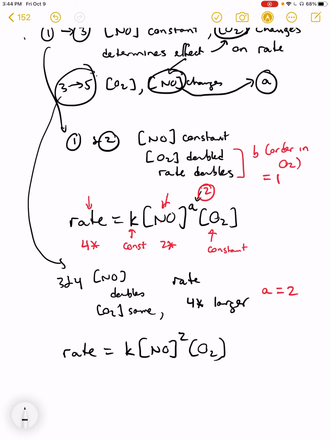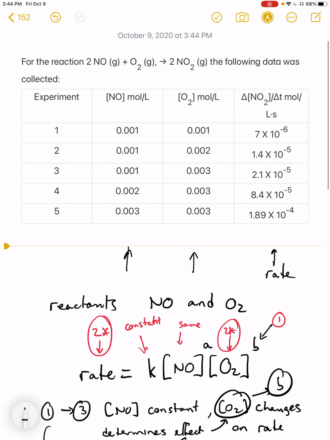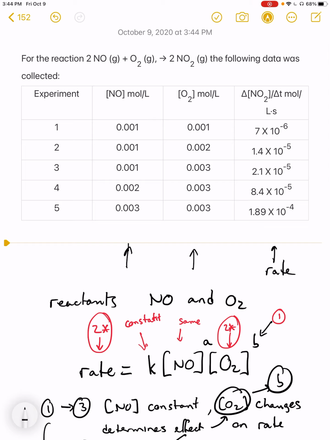Okay. Now, let's say that I wanted to next determine the value of my rate constant, K. If we had real laboratory data that wasn't perfect, we would probably want to use all of these data points. But in the ones you're typically given in class, we can use any of these 5 data points and substitute in. So I'm going to just use the data in experiment 1.